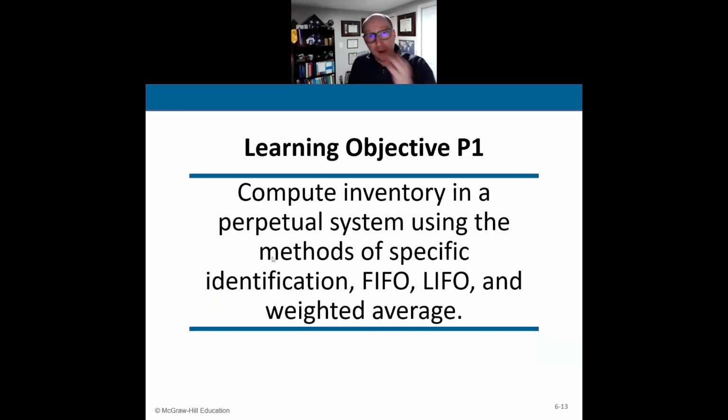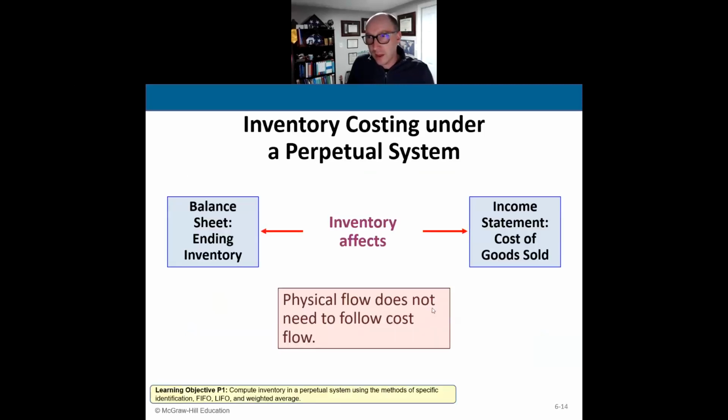I really enjoyed that. So in thinking about our perpetual inventory system, using the barcode method, etc., and now that we know how to compute it, we can look at specific identification, first in, first out, last in, first out, and weighted average, using that same methodology we just used in that earlier example.